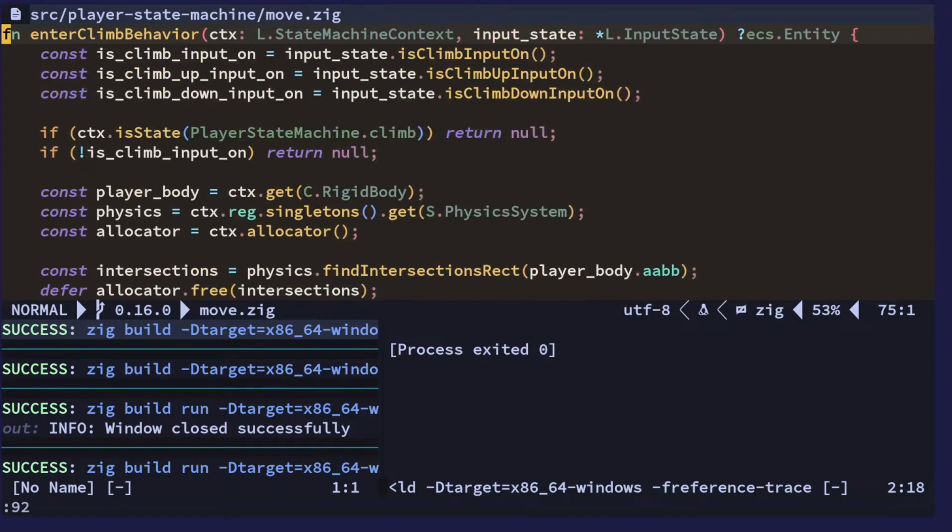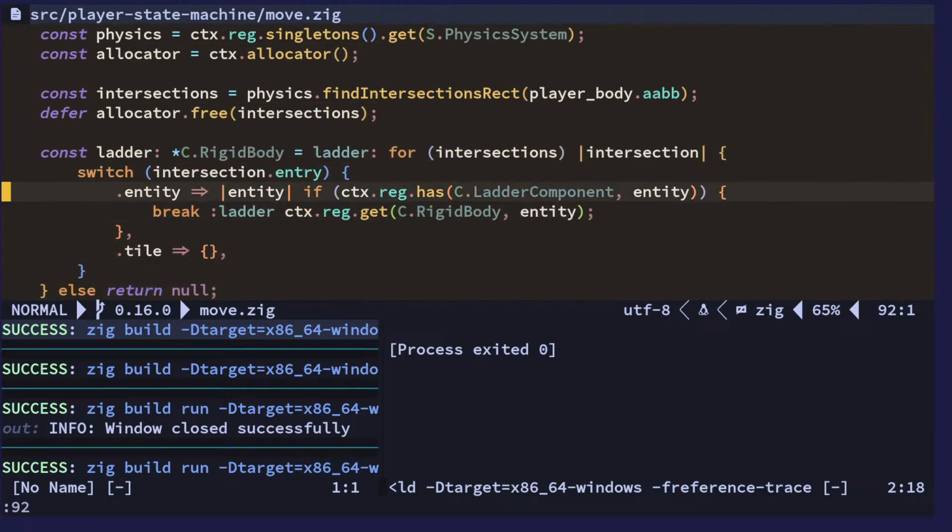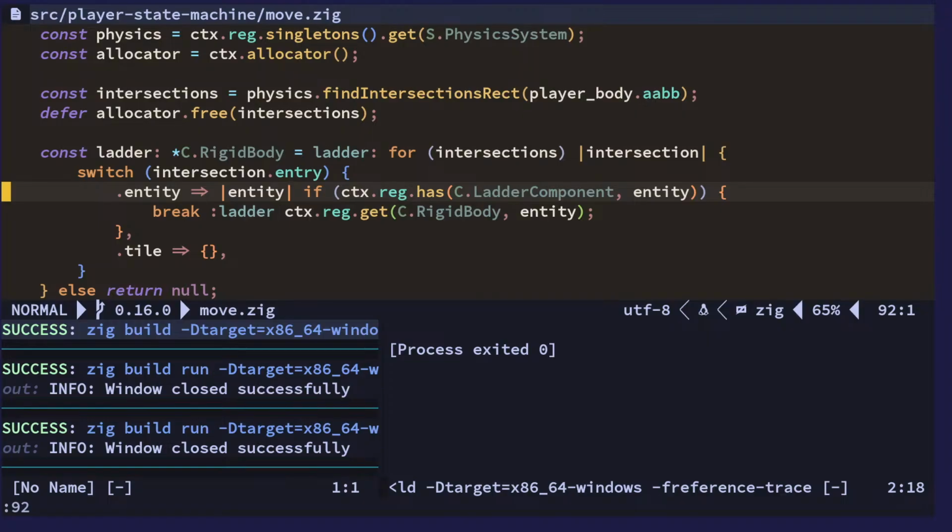Wait, enter climb behavior. Oh, because we're ducking. And then it checks this entity. Right. So this entity might not be valid.